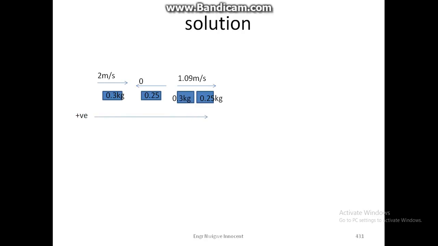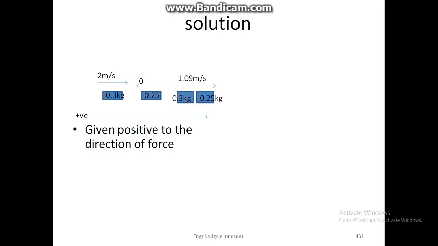Solution: the mass of the train is 0.3 kg, moving at 2 meters per second, and it collides with a stationary train of mass 0.25, and the two of them get a common velocity of 1.09 meters per second. Do you think you can pause and see if you can get this as the common velocity? If not, okay, let's show you how.